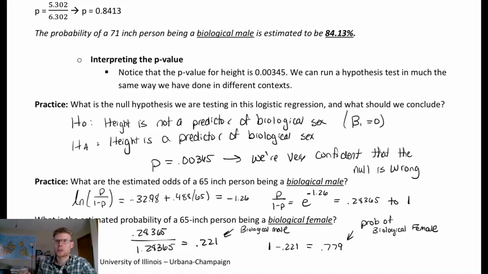I know we could talk biologically about whether that's appropriate, and how many folks may not be exactly assigned to a biological sex at birth due to some of the rare but certainly possible things that can happen. But if everyone is sorted to one of these two categories, then we would just take 1 minus that probability to get the likelihood of being sorted to the other category.